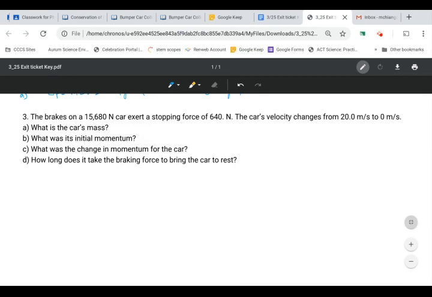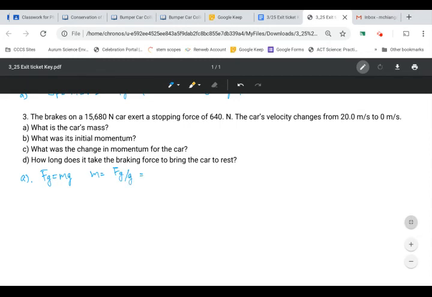The brake on a 15,680 Newton car exerts a stopping force of 640 Newton. The car's velocity changed from 20 meters per second to 0 meters per second. So A, which is straightforward, your mass, okay, Fg equals mg. So m equals Fg divided by gravity.